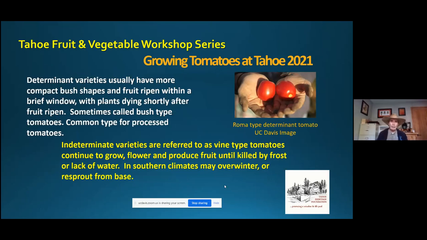Whereas the indeterminate varieties or heirloom types produce a few fruit over a very long period of time. And these are the vine type of tomatoes that you see. In southern climates, obviously not Tahoe, Truckee, or the Carson Valley, they can overwinter, or they will resprout from the base of the plant.